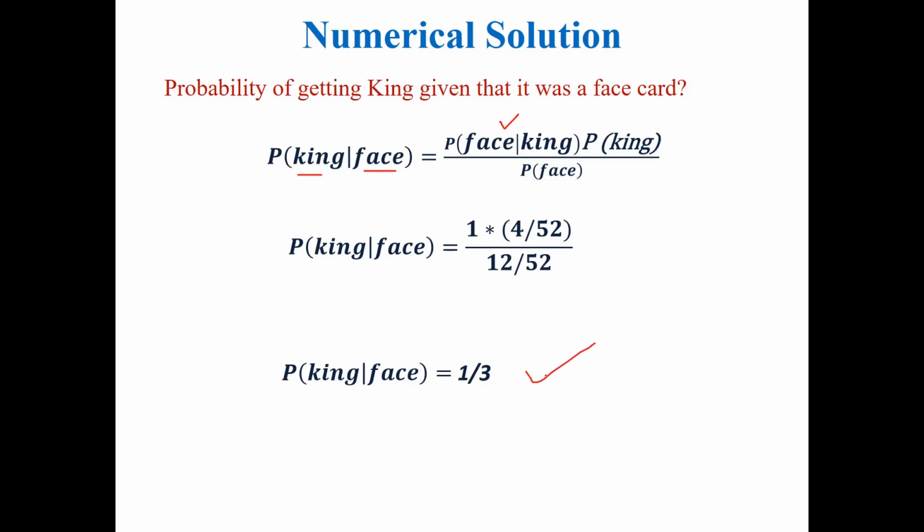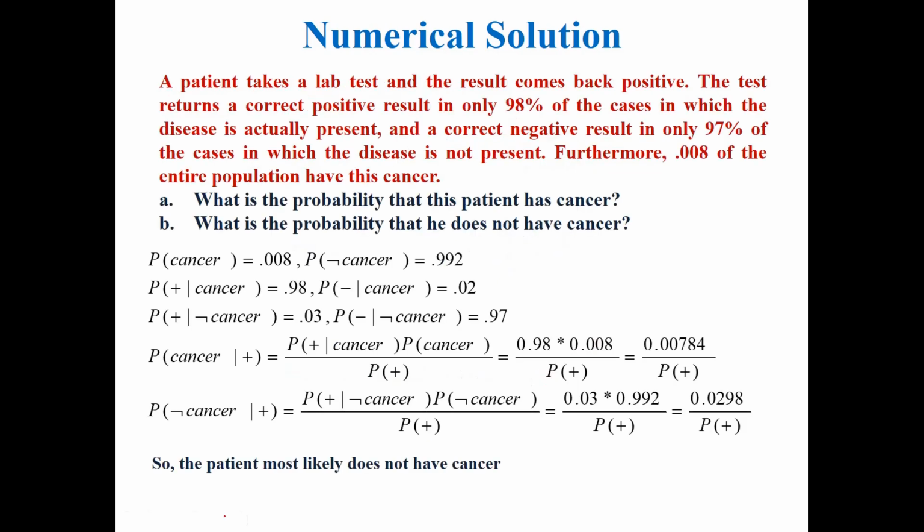Now we will solve another numerical, also based on Bayes theorem. What is given in this numerical? A patient takes a lab test and the result comes back positive. The test returns a correct positive result in only 98% of the cases in which the disease is actually present, and a correct negative result in only 97% of the cases in which the disease is not present.